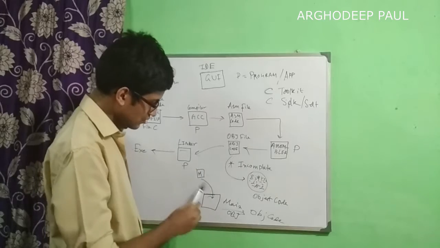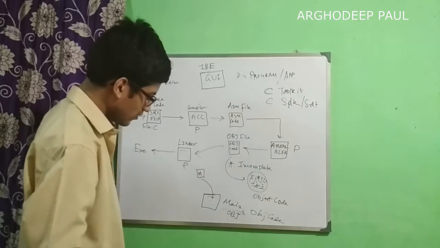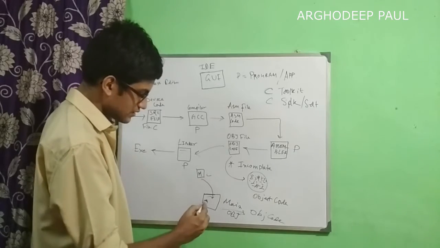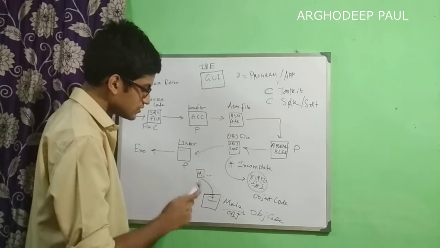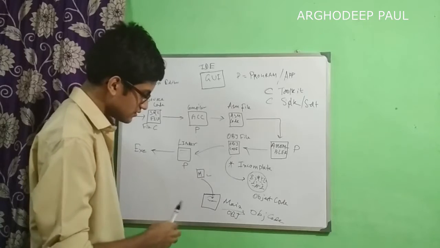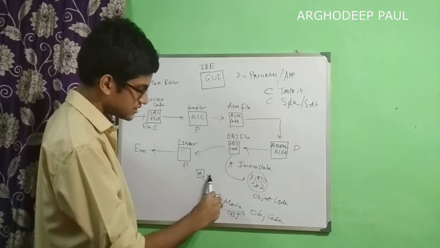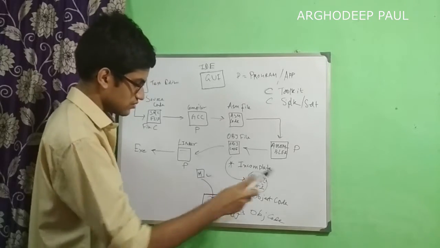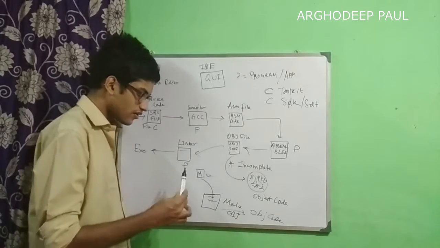So the linker will also call this module, since we have some function definitions in the module and calling in the source file. Its job is to link, and also develop the object code for the module and combine that with this object code. So the linker will perform two things.